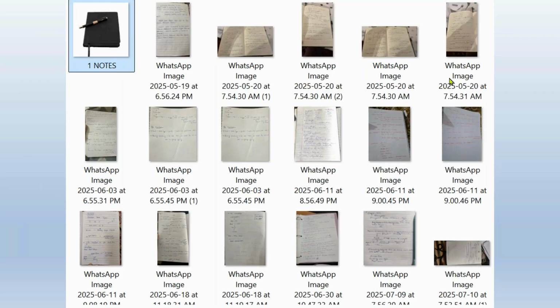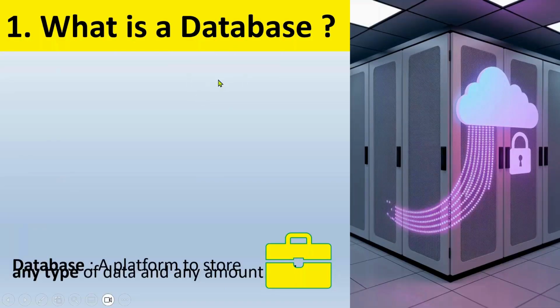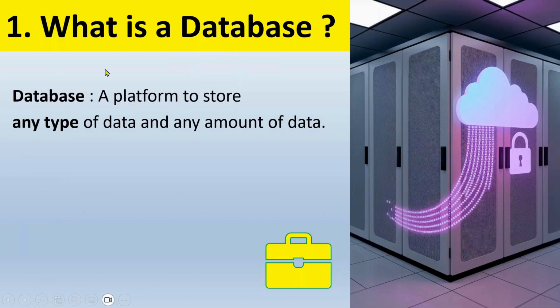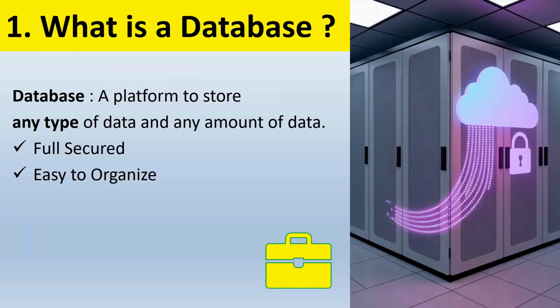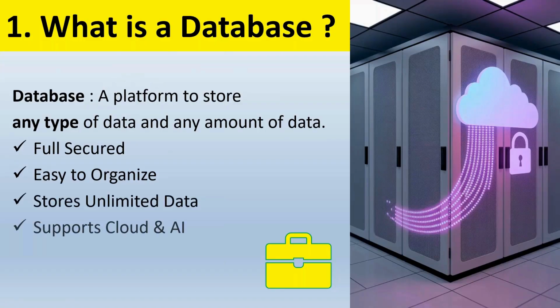Let's get started slowly. Let's understand what is a database. It's a platform to store any type of data, any amount of data. Fully secured, easy to organize, stores unlimited data and supports cloud and AI concepts.